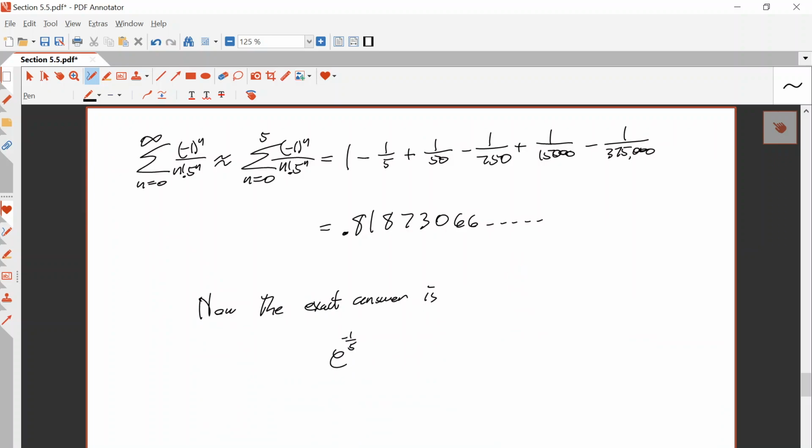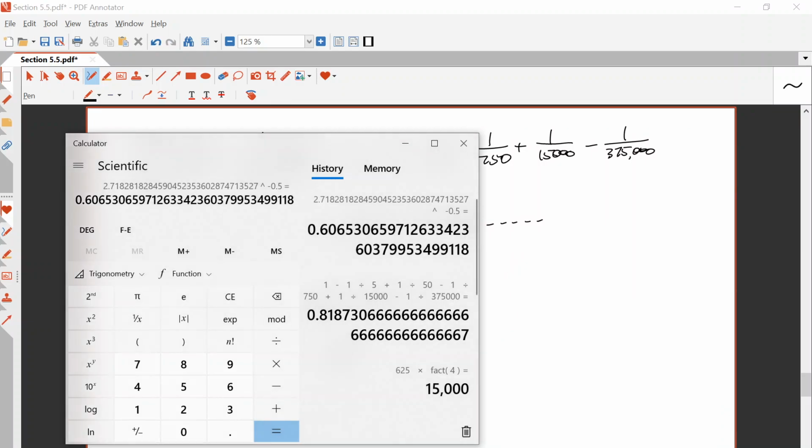1/5 is 0.2. 1 minus a fifth plus a 50th minus 1/750 plus 1/15,000 minus 1 over 375,000. E to the minus, oh, I put the wrong exponent.